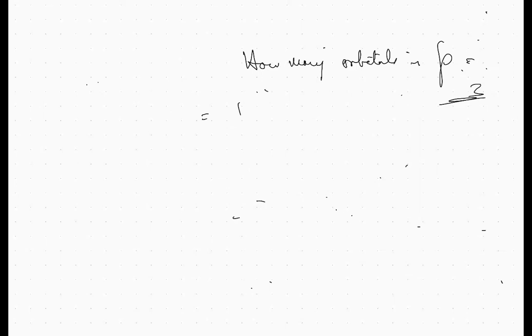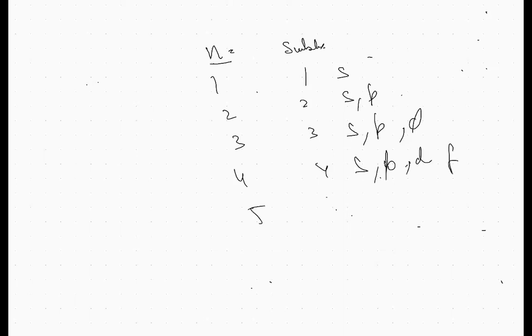How many subshells exist within the n equals 3 energy level? So that's the principal level, and then there are the subshells. If n is 1, the subshell is 1. If it is 2, that's 2, because first one means S. Here, S and P. 3 is 3S, P, D. 4 is 4S, P, D, F. 5, what happens? 5S, P, D, F, then G. After F, we follow the alphabet.